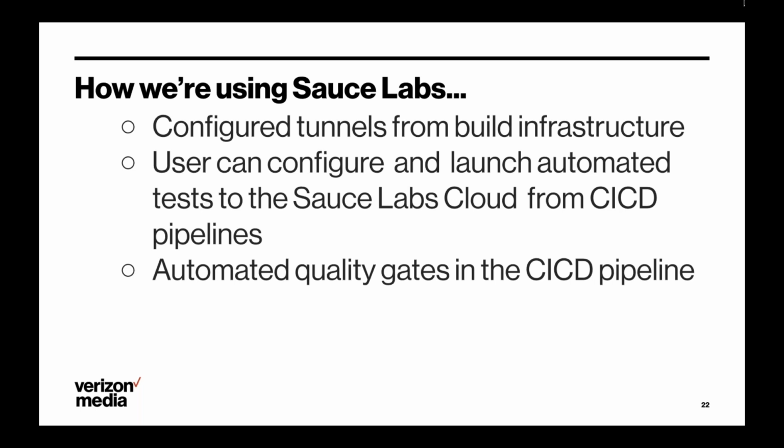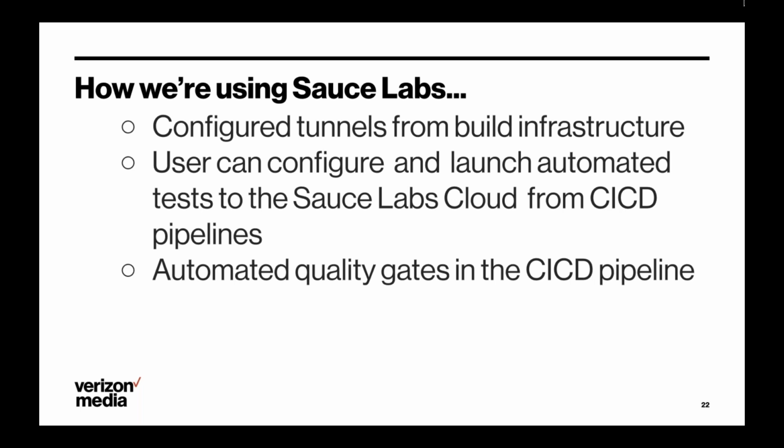It's pretty much a step called test, where you could call any script and define in the script which tests you would like to launch. The tests would then have configurations on how to reach the Sauce Labs tunnel, and then you can run a battery of tests. We also enabled a mechanism where you could launch multiple tests from a single CI/CD pipeline.